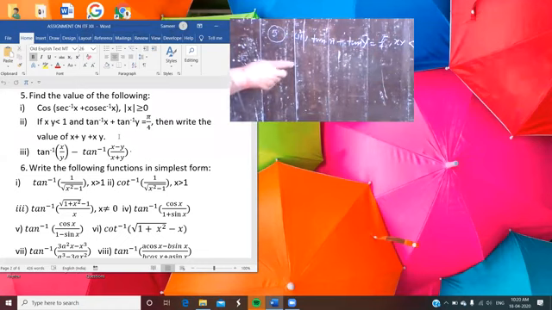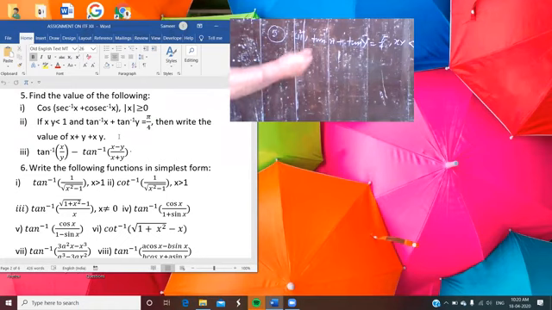And you know the formula: tan inverse x plus tan inverse y for xy less than 1 is tan inverse of x plus y upon 1 minus xy. So you already have this formula.